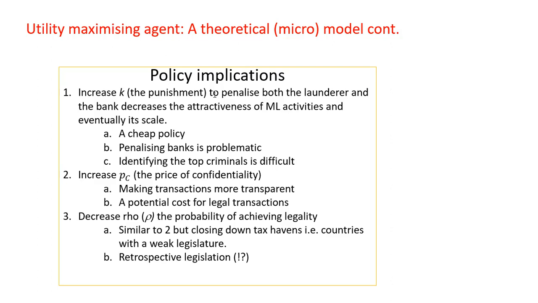You just say, maximum sentence, or you can sentence people up to 30 years or something like that, which is clearly going to have possibly some deterrent effect, but it may simply result in the money launderer purchasing more confidentiality, and it just increases the return to confidentiality. So it produces a rather unholy race between the two.